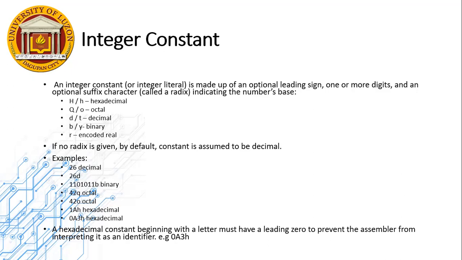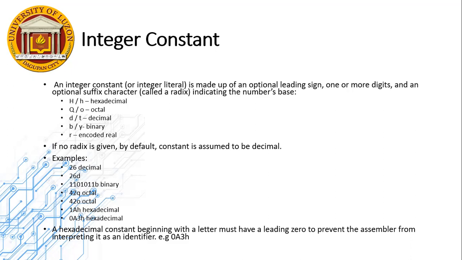The radix are: uppercase H or lowercase h for hexadecimal, uppercase Q or lowercase o for octal, D or T for decimal, B and Y for binary, and R for encoded real. In assembly language, if no radix is given, the constant is assumed to be decimal by default.